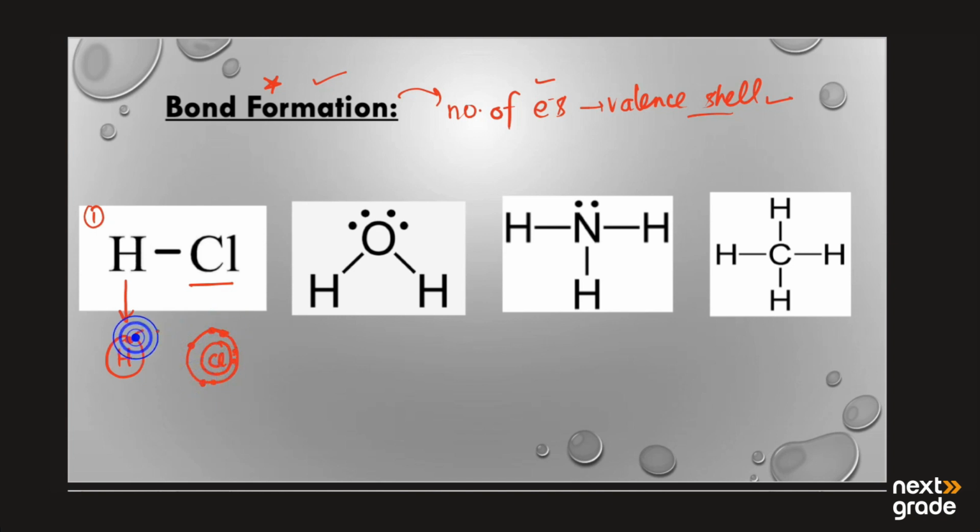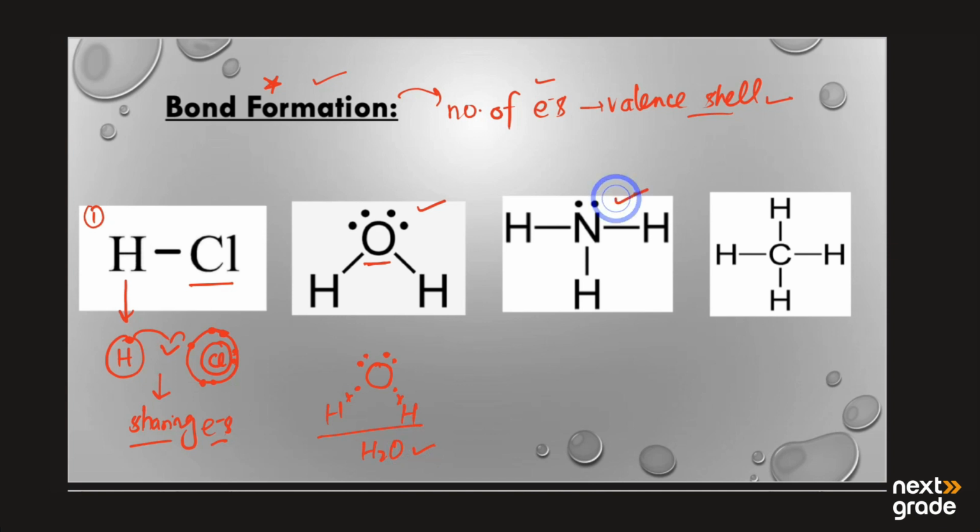So hydrogen and chlorine will undergo bond formation by sharing electrons. If we have the water molecule, in the center we have oxygen. It has a total of 6 electrons in the valence shell, so it will share one electron with each hydrogen and form the molecular formula H2O.